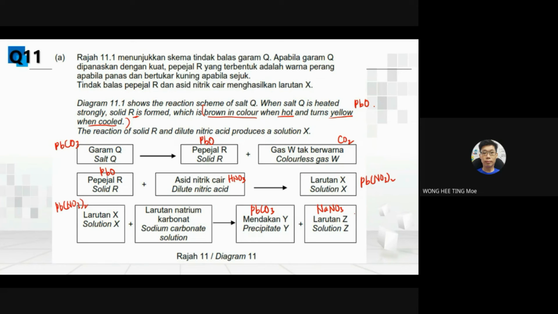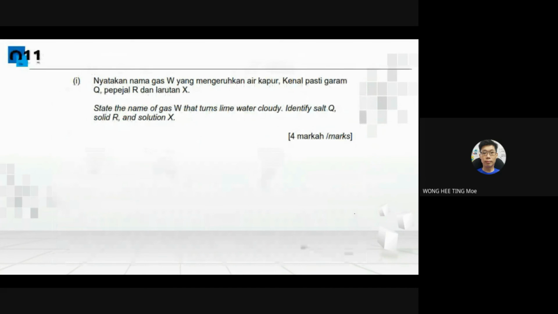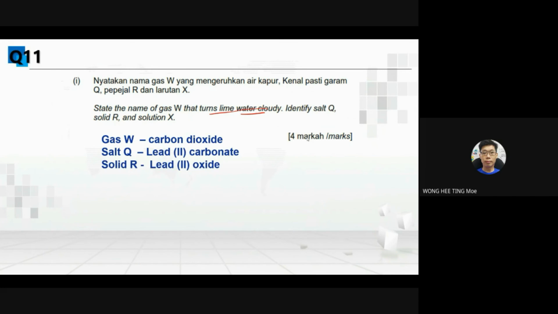Okay, let's see what is the question. State the name of W, turns the lime water milky here. So it is carbon dioxide, right? Okay. Identify the salt Q, R, and solution X. So Q is lead-2 carbonate, R will be lead-2 oxide, X will be lead-2 nitrate.